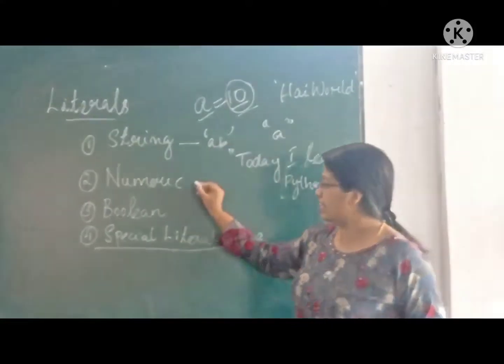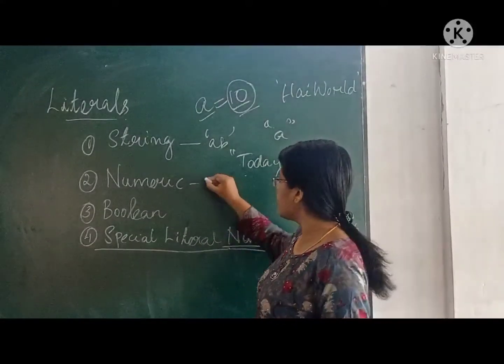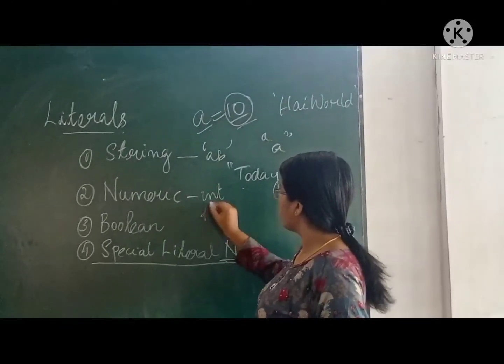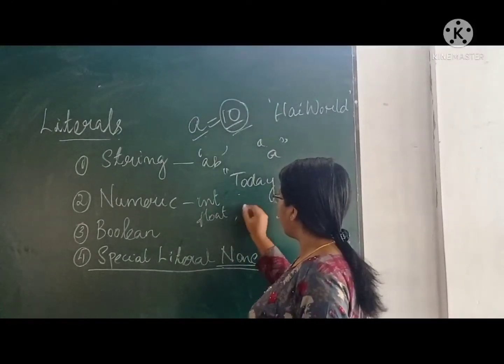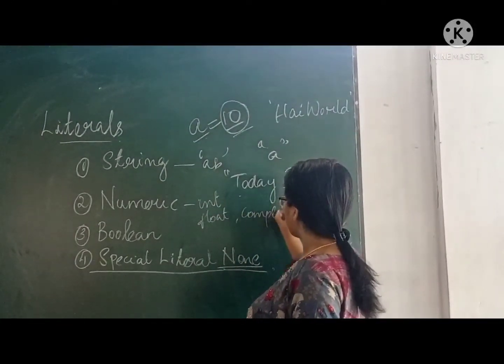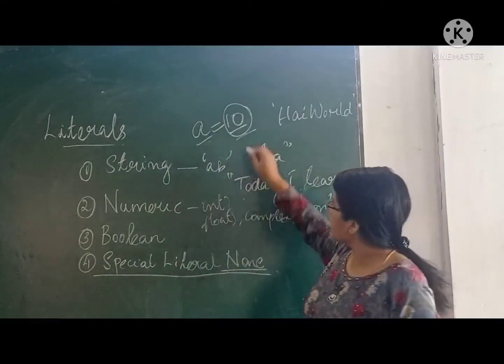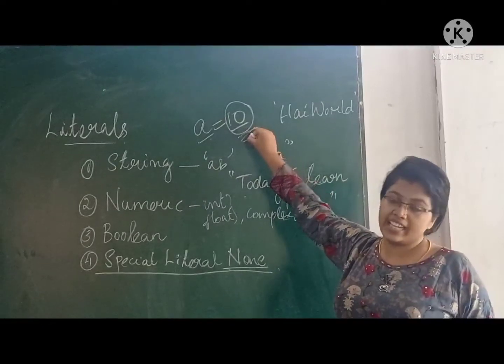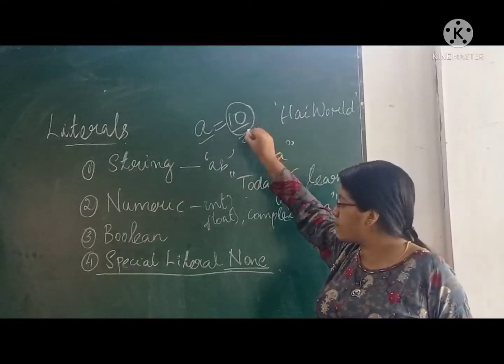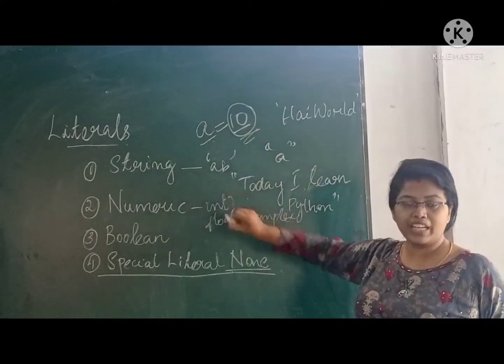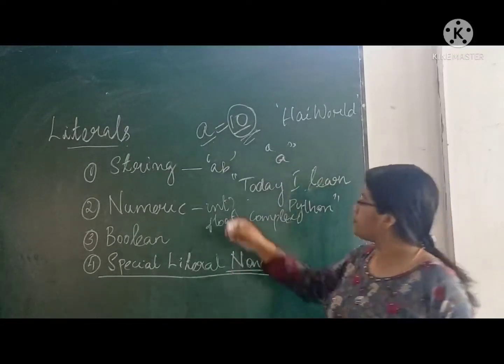Next is numeric literal. It is of three types: int, float and complex. We are discussing int and float. What is int? It is an integer which carries only the integer part, not the decimal part. That type of literal we call an integer literal.